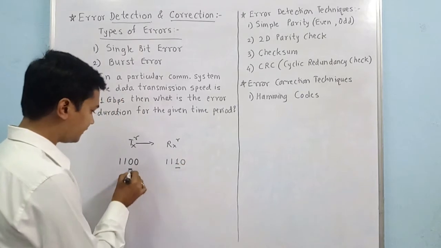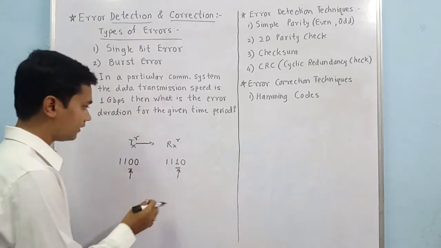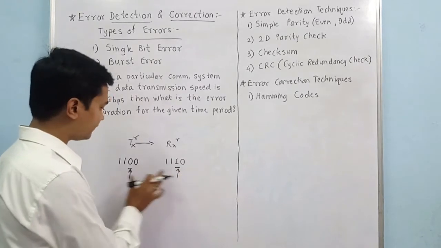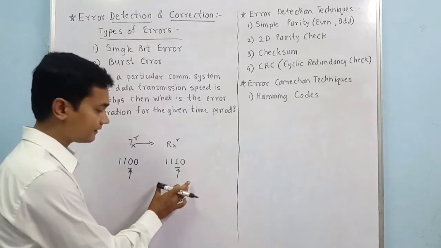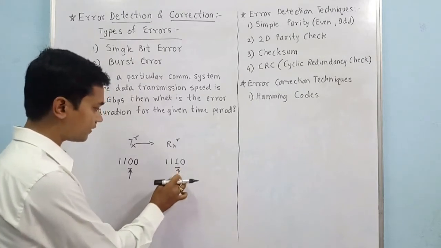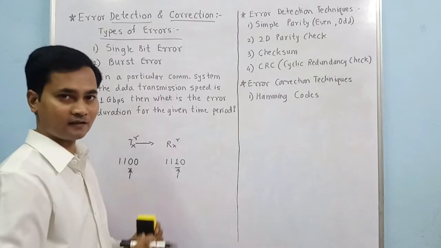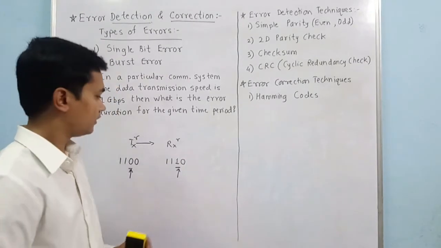Here you can say this is a one bit error. The sender is sending 1100, the receiver has received 1110. This kind of error is called single bit error. Only one bit is changed at the receiver side.